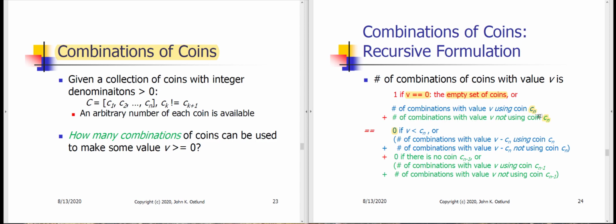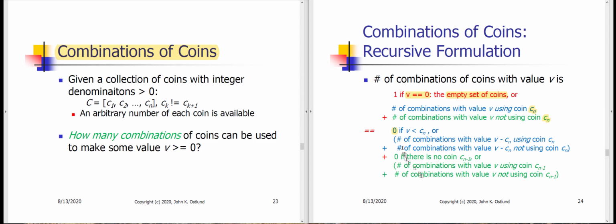Otherwise, if we're computing the combinations of value v that do not use Cn, that's going to be the number of combinations that use Cn-1 plus the number of combinations that do not use Cn-1. So again, this is our original two subsets, but this time considering coin Cn-1 as the maximum coin to consider rather than Cn, which is handled up here.